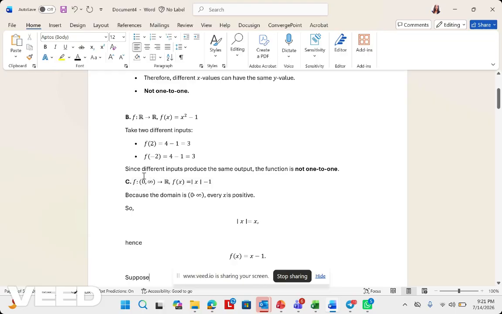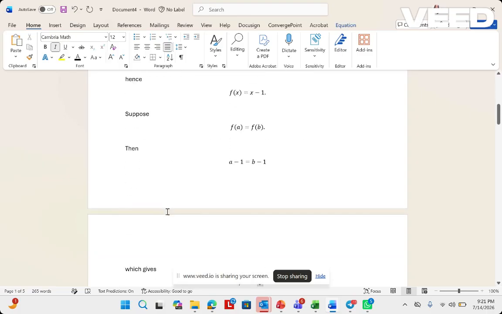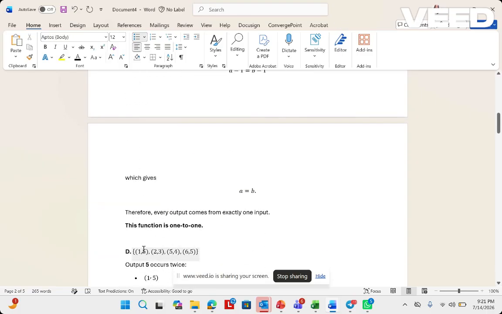Even it's not inclusive of 0. So whatever number we are adding here, the function will have a different number, which is it is one to one ማለት ነው። ከዛ ዲ እንዳልኳችሁ this 5 and 5 y value multiple ቦታ ላይ occur ያደርጋል.